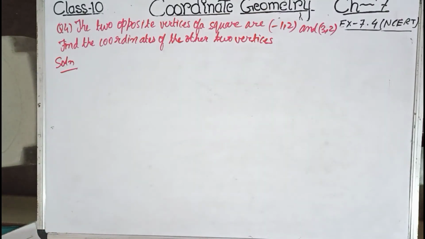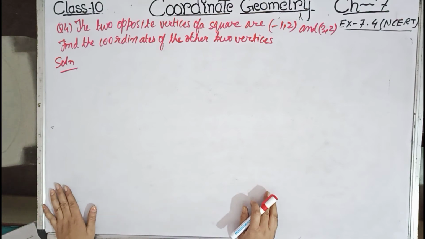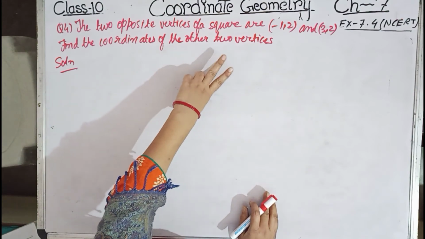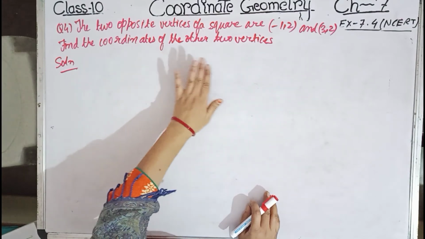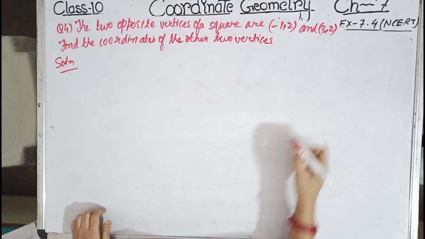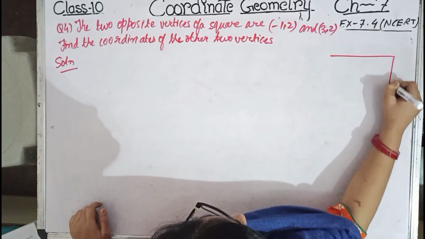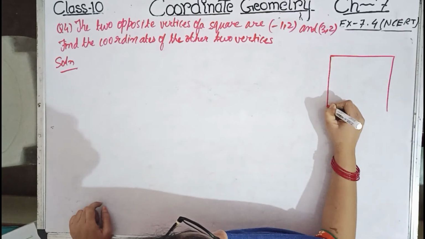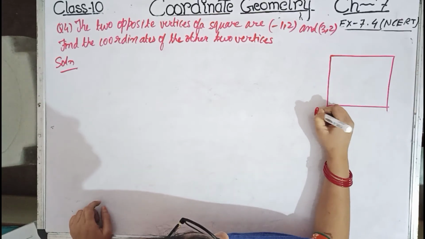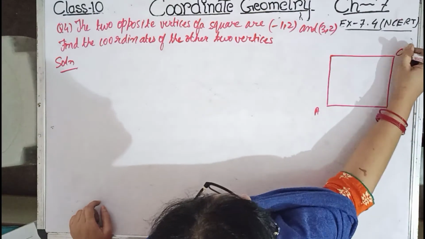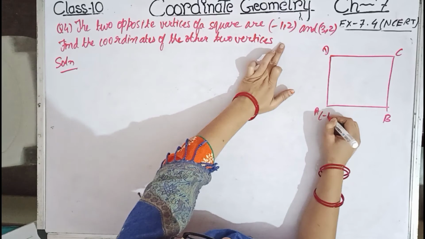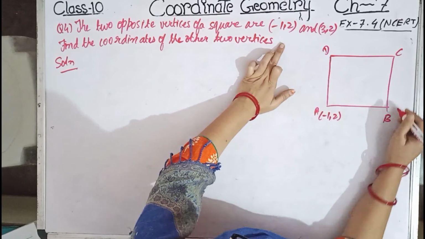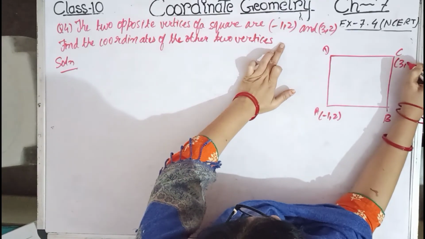Let us move to question number 4. Question number 4 says that the two opposite vertices of a square are (minus 1, 2) and (3, 2). Find the coordinates of the other two vertices. So a square ABCD we can suppose A, B, C, D. Let us suppose that the given coordinates are of A as (minus 1, 2) and C as (3, 2).